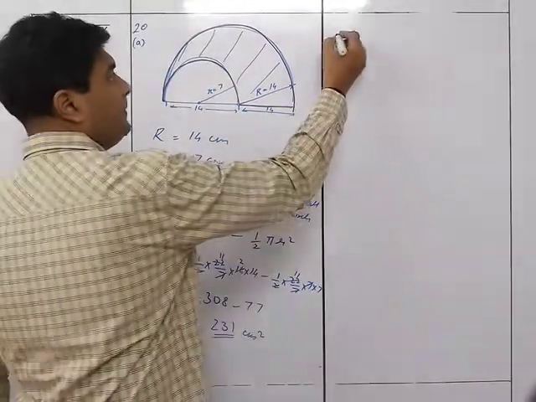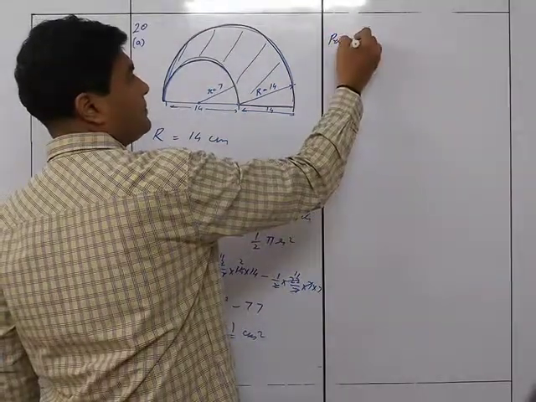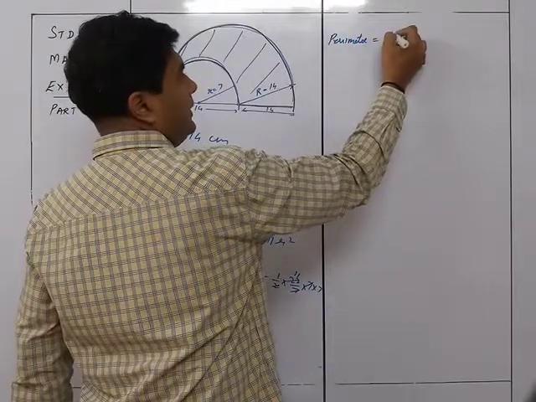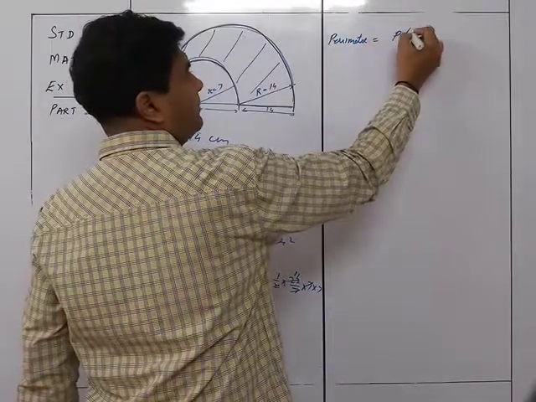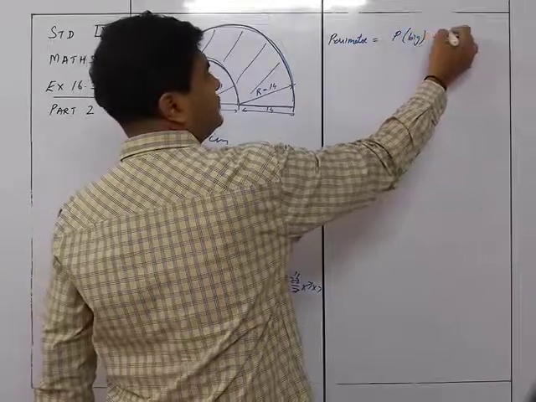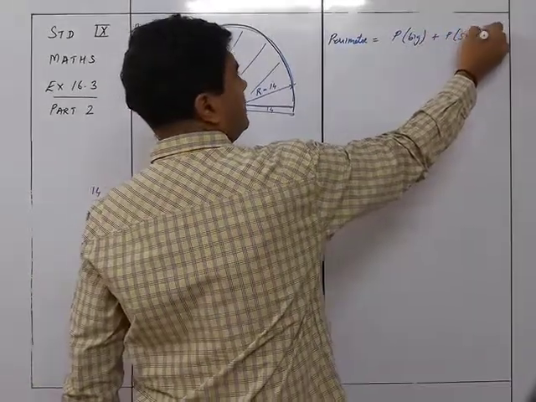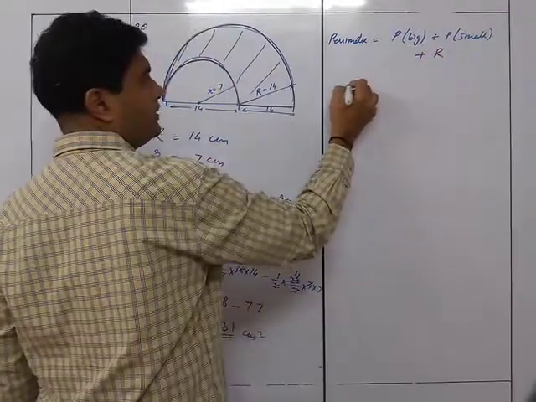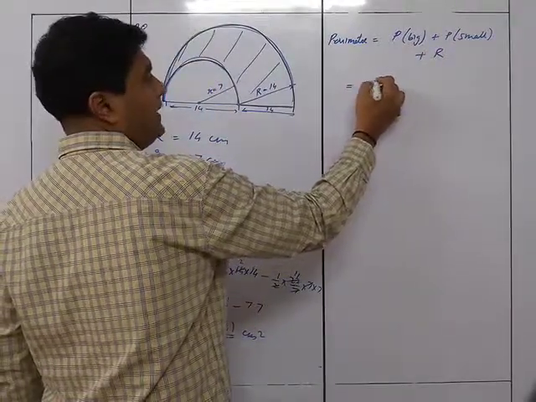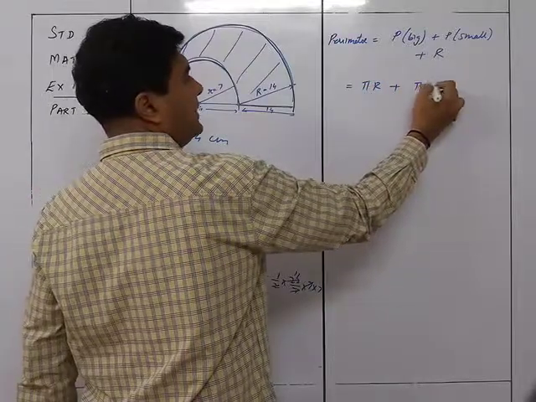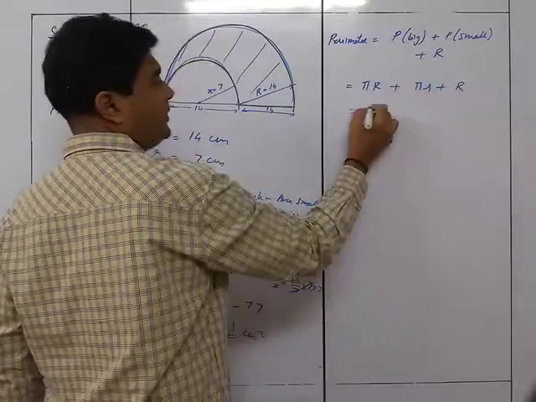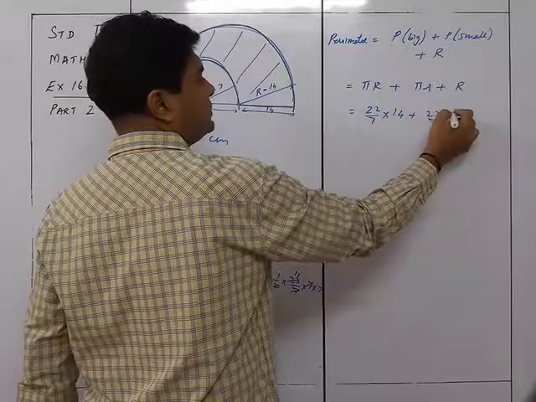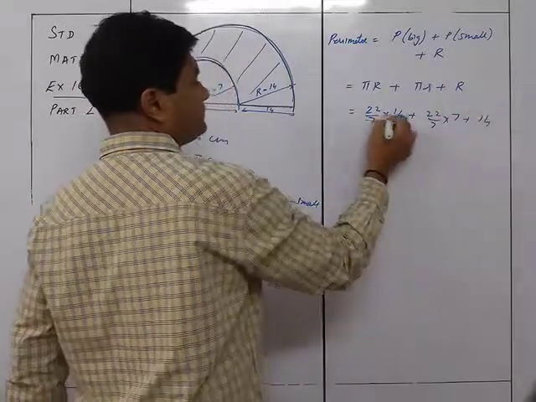So perimeter is equal to perimeter of big plus perimeter of small plus capital R. So that will be pi R plus pi r plus R. So that will be 22 upon 7 into 14 plus 22 upon 7 into 7 plus 14.